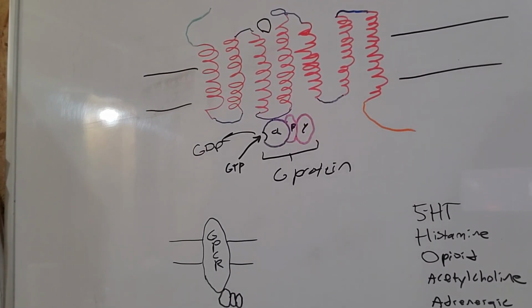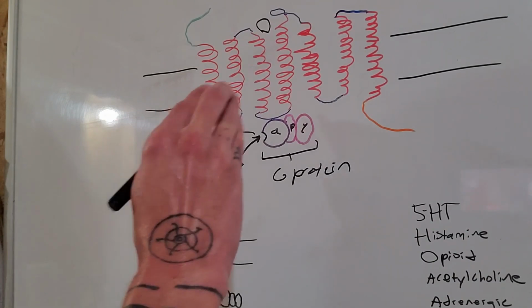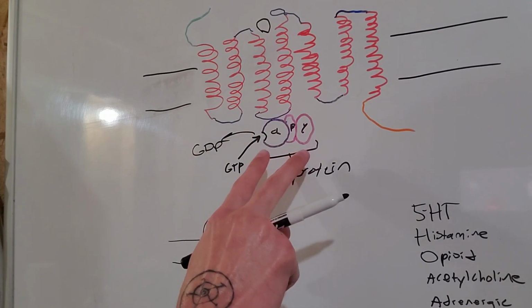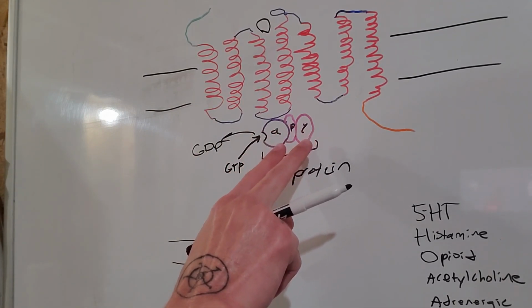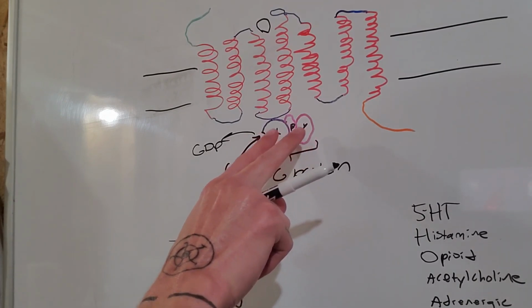Now, when the G protein becomes active, it disassociates from the receptor complex itself, and it disassociates from the beta-gamma subcomplex as well. The beta-gamma subcomplex usually stays bound together.